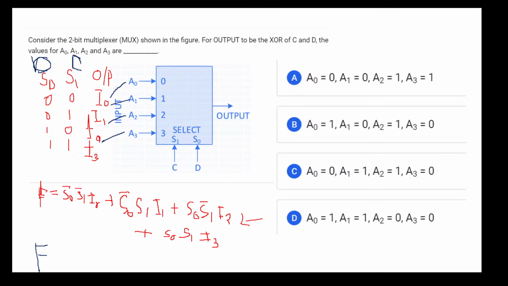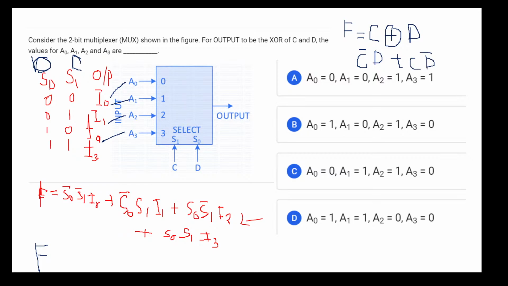Now coming to our question, the output should be XOR of C and D. So what is C XOR D? We have already seen that C XOR D is nothing but C bar D plus C D bar.